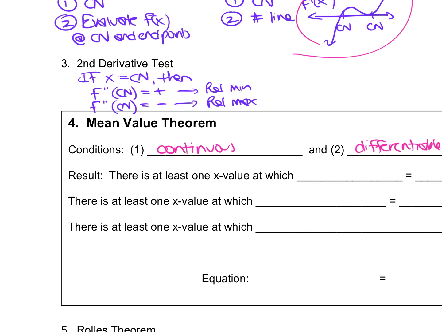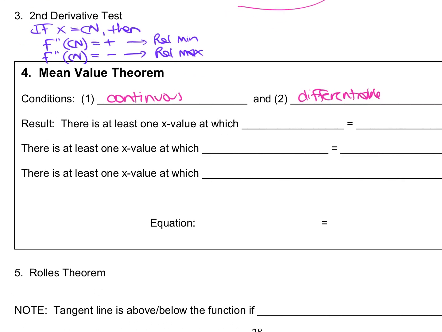If it was both continuous and differentiable, the short version of this was, there was at least one x value at which the instantaneous rate of change equaled the average rate of change. That's the short version. You could have also been told the slope of the tangent line equaled the slope between two endpoints.